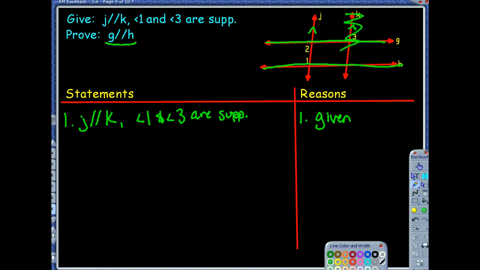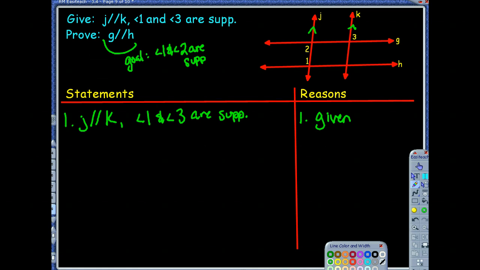If I can show angles 1 and 2 are supplementary, because those are consecutive interior angles, then I can prove that G and H are parallel. So our goal here is to prove that angle 1 and angle 2 are supplementary. Like you said, if the consecutive interior angles are supplementary, then yes, those lines will be parallel. That's where we want to get to.